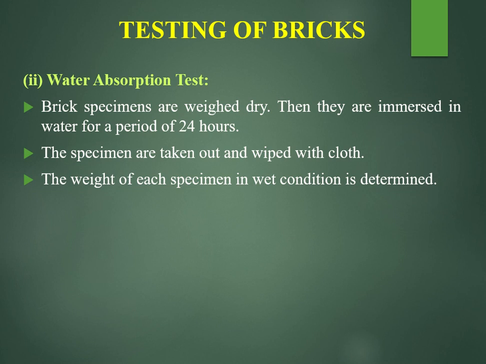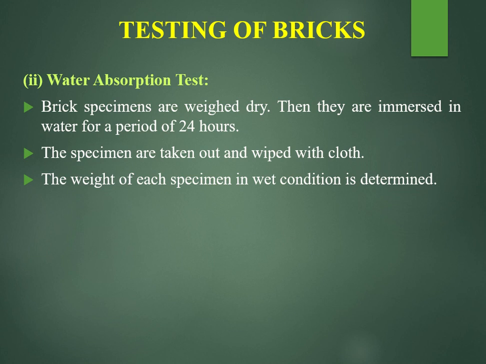Now soak or immerse the bricks inside water for 24 hours. After 24 hours, take out the brick specimens. As told, just wipe off the surface water and then take the weight of the specimen.